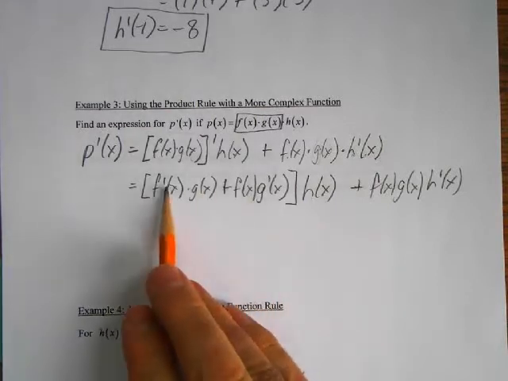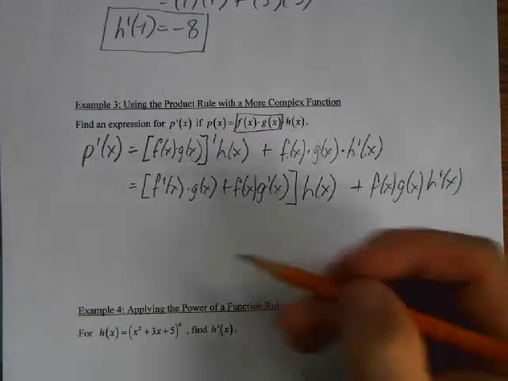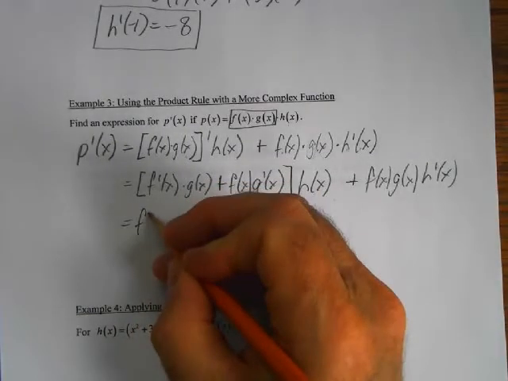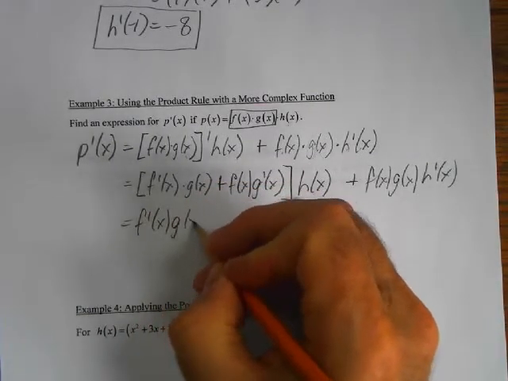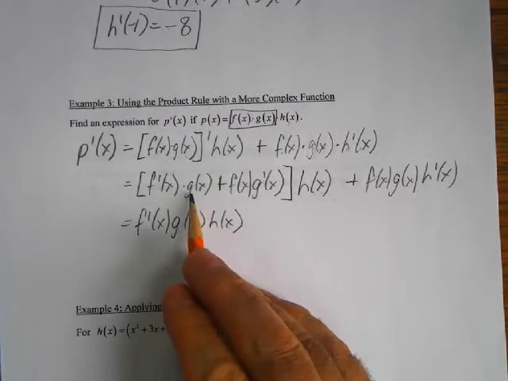Okay, so all I'm going to do is take these two products, multiply by this third function. So I've got f prime of x, g of x times h of x. So that's the first one.